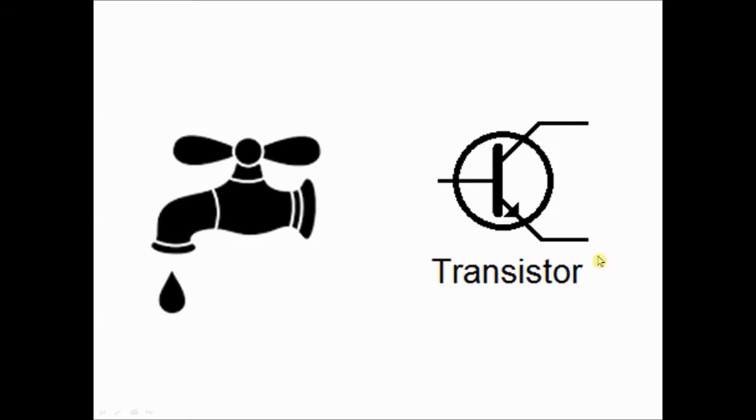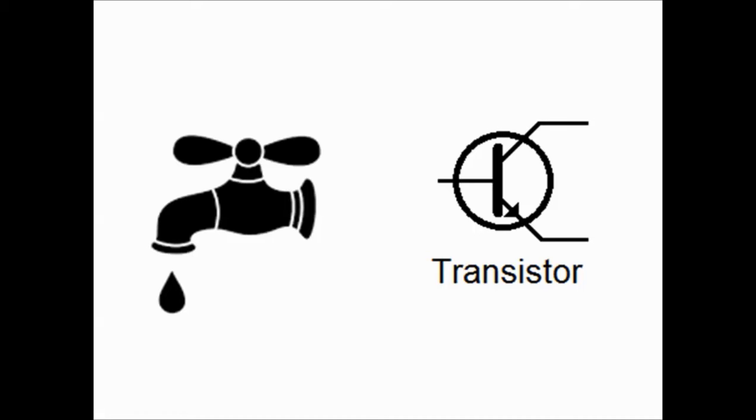Instead of water, you can control the amount of electron flow through the device. And instead of using your hand to turn a knob, it uses other electronic components to control the amount of flow. And depending on the circuit, you can control how fast the transistor changes.